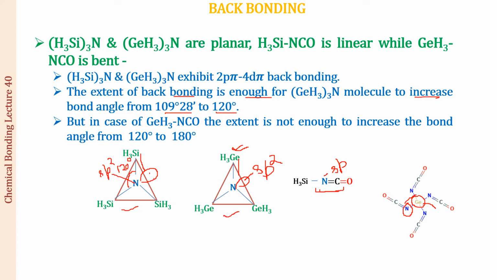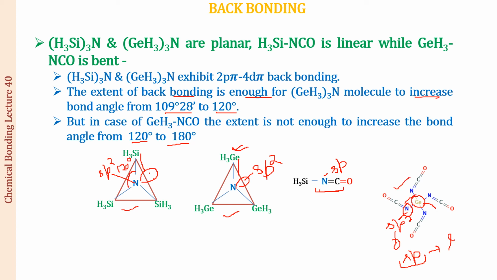If we want this molecule to move from sp2 to sp hybridization, only if it is sp hybridization will it be a linear structure. So the bond angle has to move from 120 to 180 degrees. For a 2p pi 4d pi back bonding, this is a large angle which has to be moved.